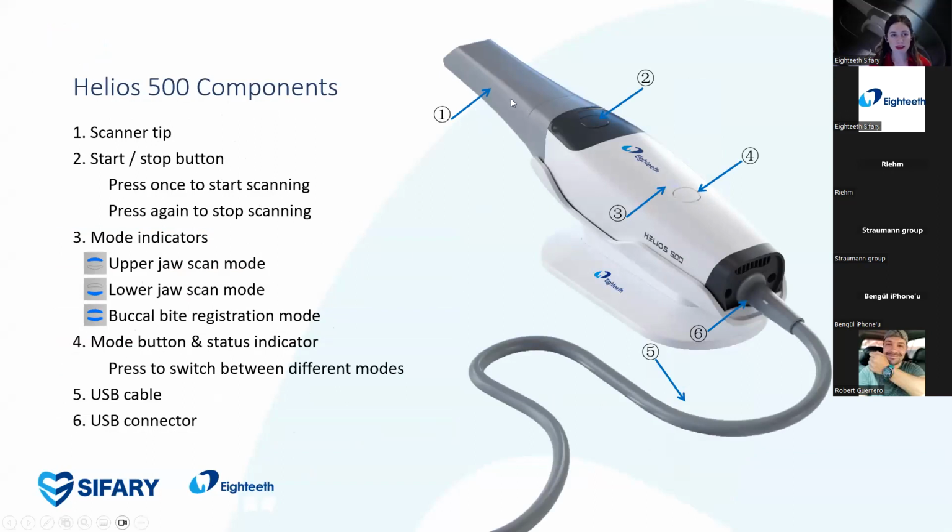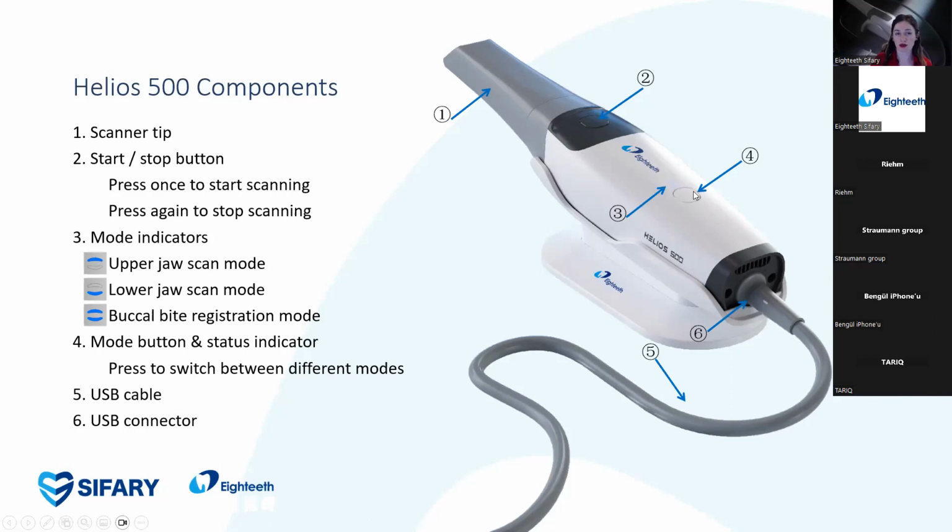On the scanner tip we are using, there is a second button, you see, it's the start and stop button for scanning. This is a very nice button, which is on the third side. You will be seeing a light, which shows which job we need to scan.